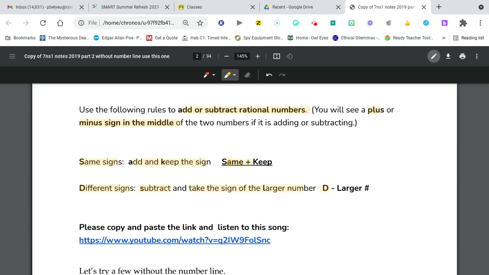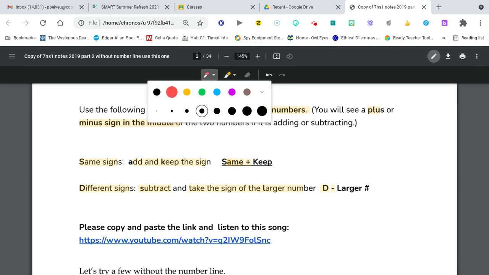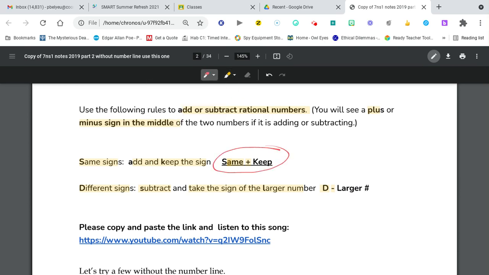So different, D stands for different, subtract, and keep the sign of the larger number. So you need to try to remember this, okay? Same signs, add. That plus stands for add, or you plus them and keep the sign. Okay? This D stands for different. So if they're different, you're going to subtract and keep the sign of the larger number.